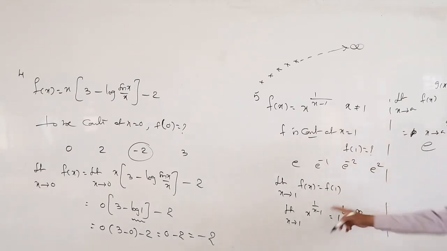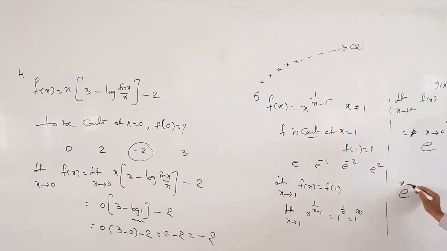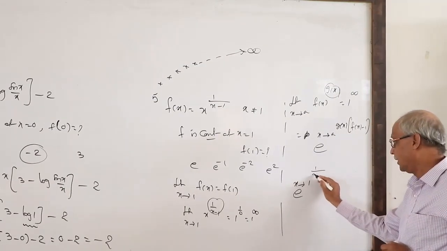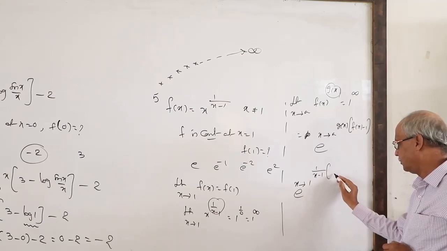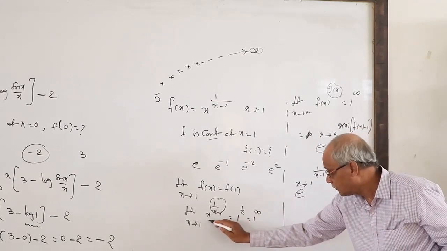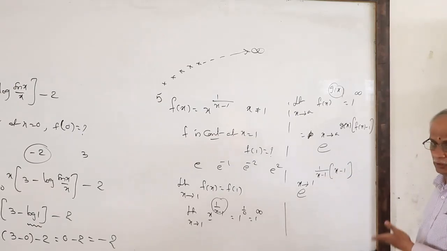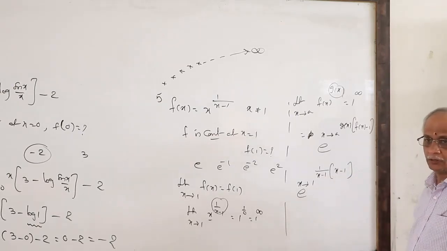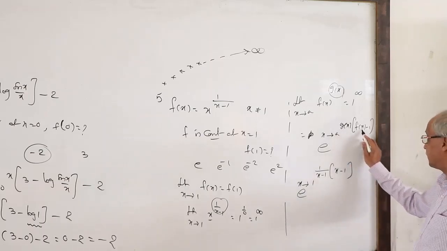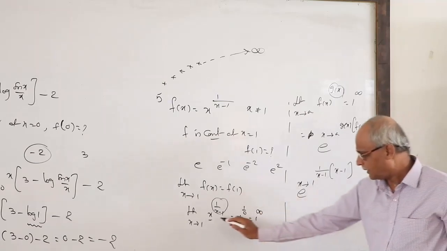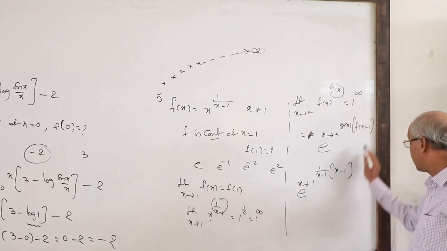Now you apply here: e power limit x tends to 1. What is the g of x value? g of x means this one, 1 by x minus 1, into f of x minus 1. What is f of x? x. You know the answer. Here g of x is 1 by x minus 1, and f of x minus 1 is x minus 1, from the formula.